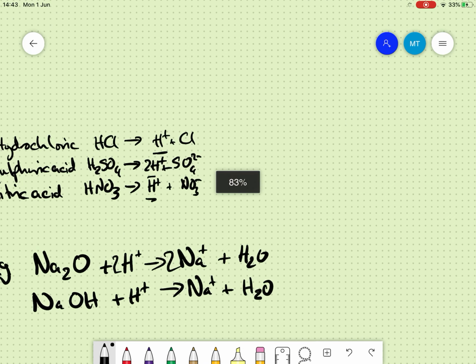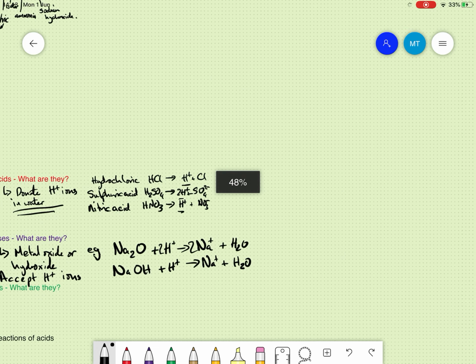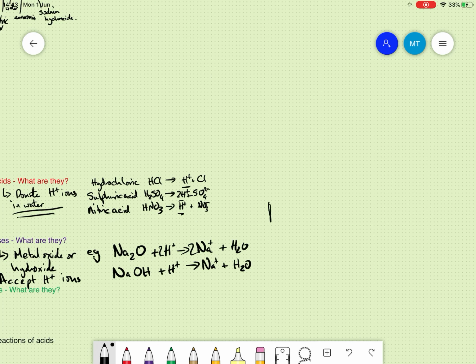And this process, acid plus base goes to salt plus water, is called neutralization.